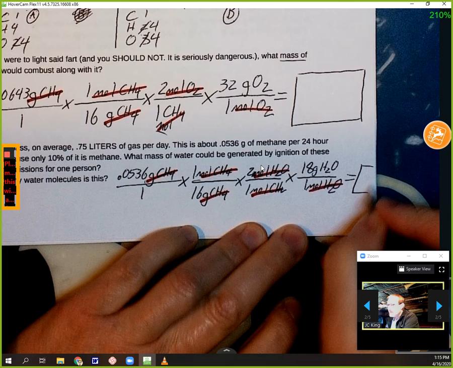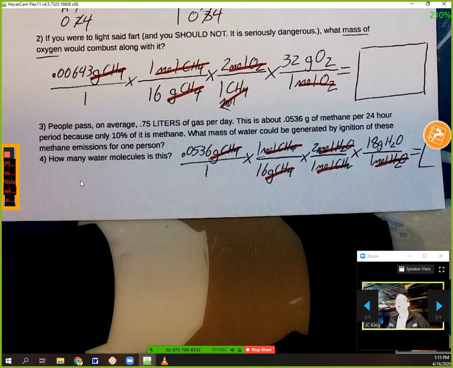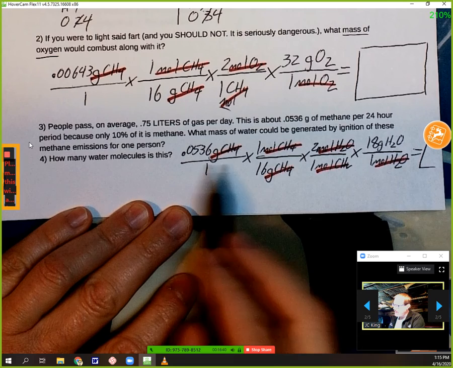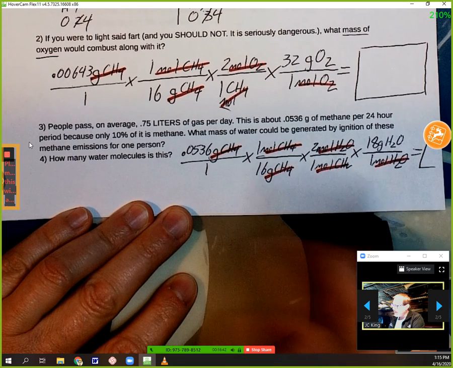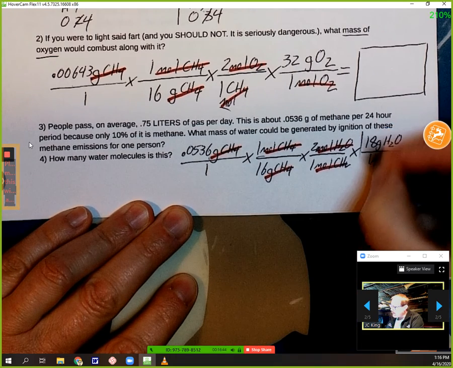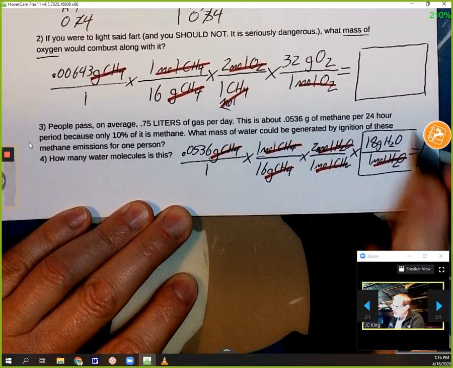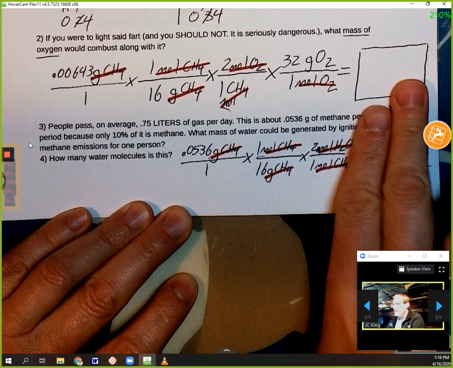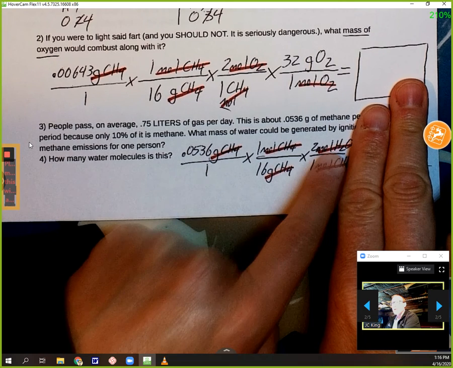I do want to look at number 4, because number 4 says how many water molecules is this? So to find the answer to that, you're going to do exactly what you did in this part right here, except you're going to want to leave this last step off, because if you leave off that last step, then you're going to end up with moles of water.